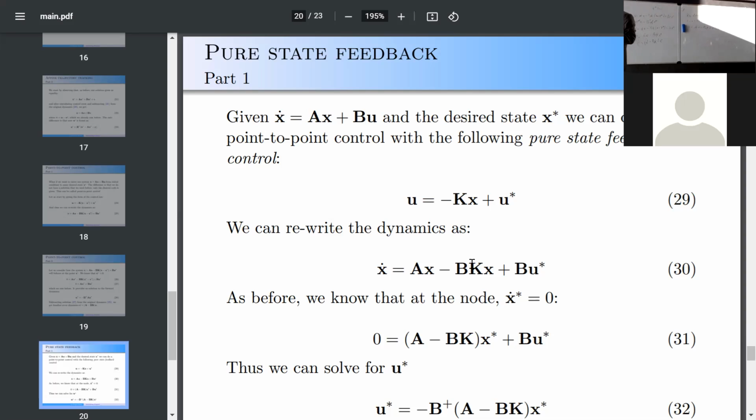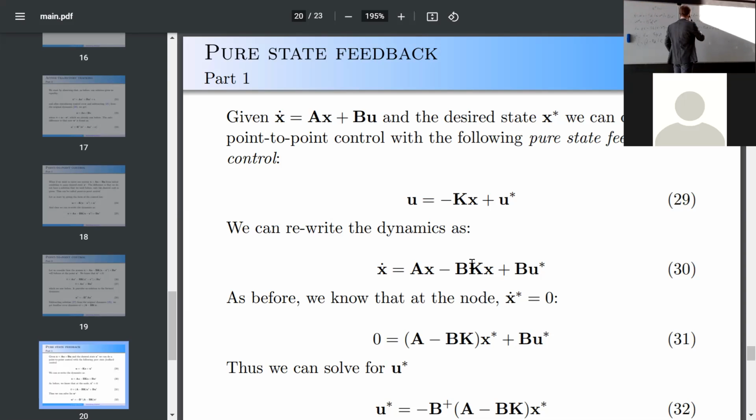Okay, so this is the next step, and what we can do now is exactly the same as before. What I ask you here is to stabilize point x star, so point-to-point control. Stabilized means it's supposed to be a node or a fixed point, and you have to find the control law that makes it asymptotically stable.